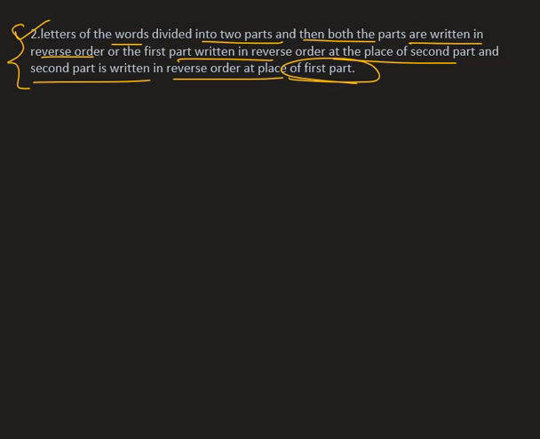For this topic we are going to discuss some different situations. So let's jump to the first situation, which is when the number of letters of the word is even.